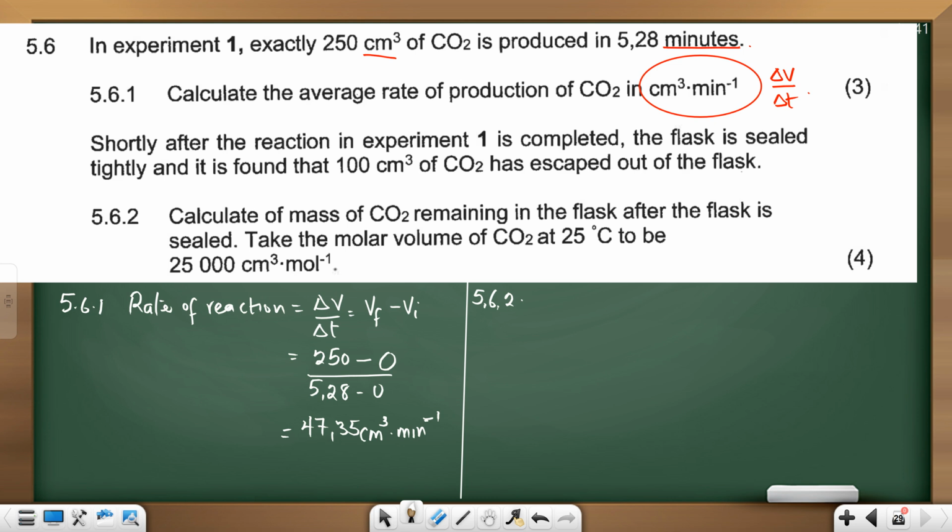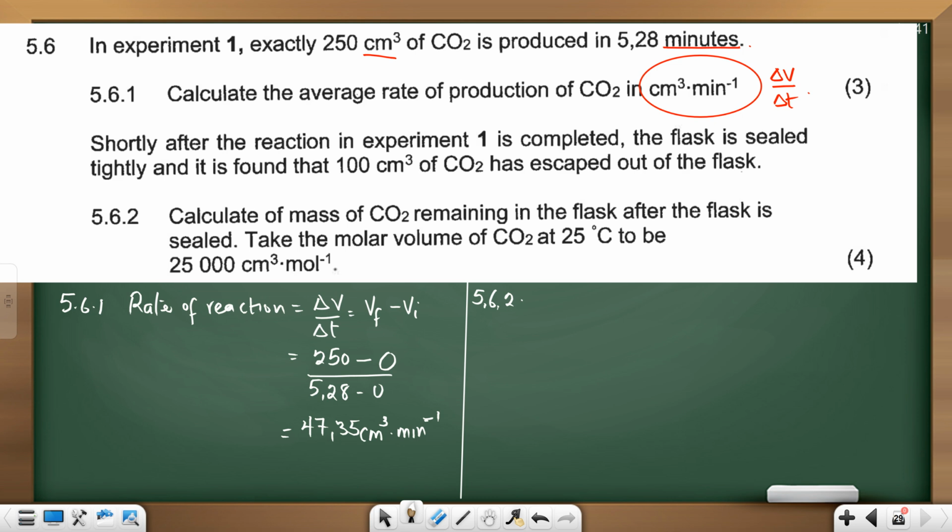Shortly after reaction 1 is completed, the flask is sealed tightly and it is found that 100 cm cube of CO2 has escaped out of the flask. Let's read again. After reaction 1 completed, 100 cm cube has escaped.